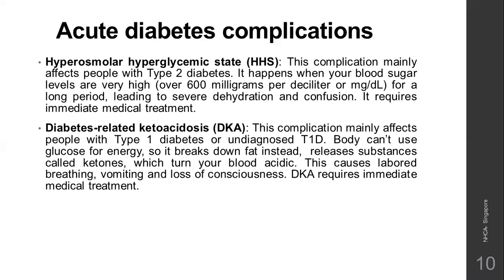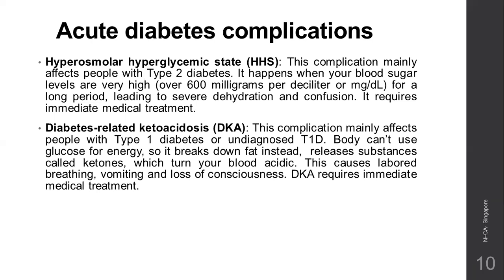Then we have diabetes related ketoacidosis. This complication mainly affects people who have type 1 diabetes. Your body is not able to use glucose for energy, so it will break down fat, just like when you are on a keto diet. There is no glucose, so fat will be used up.